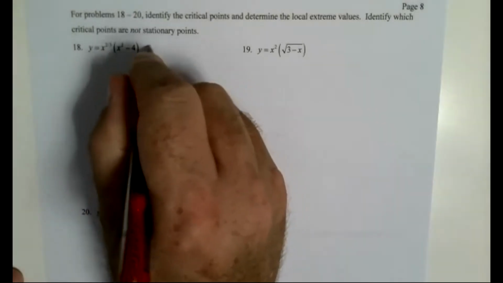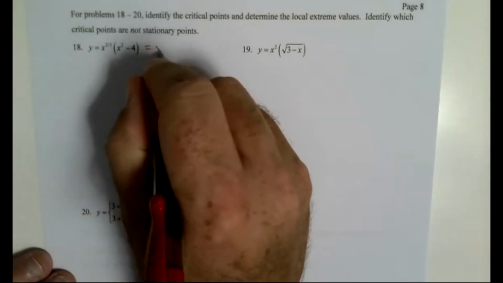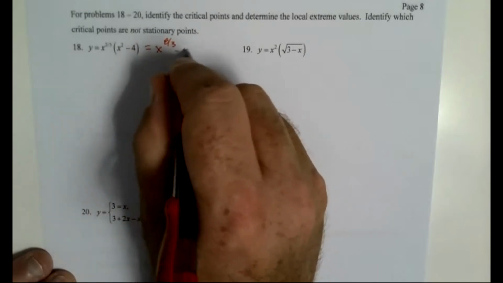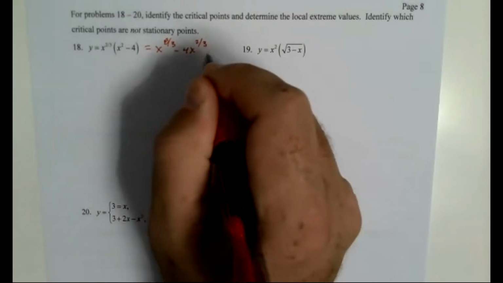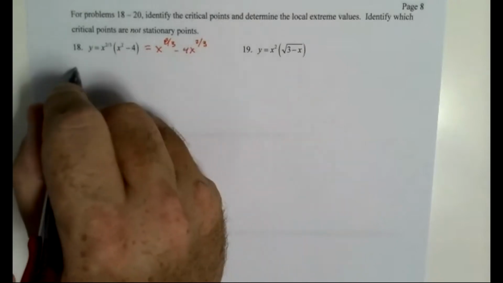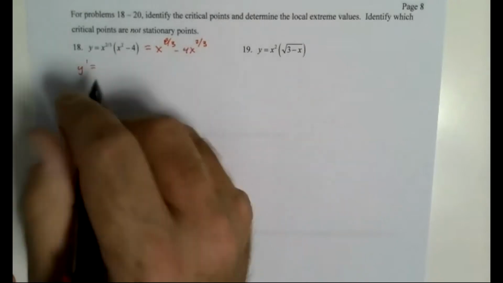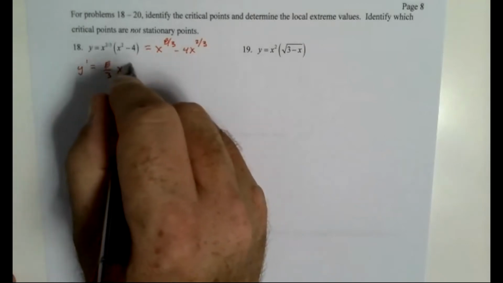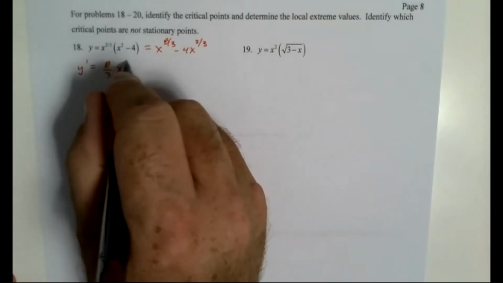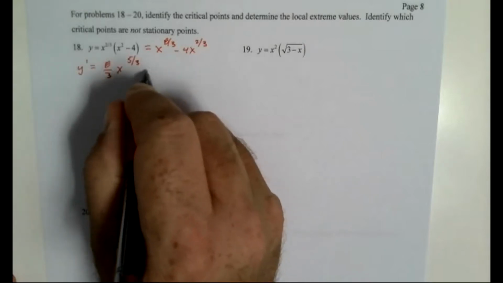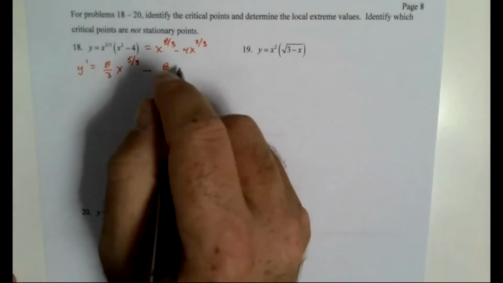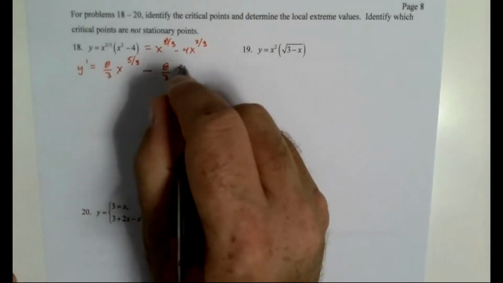I'm going to distribute this. x to the 8/3 minus 4x to the 2/3. y prime equals 8/3 x to the 5/3 minus, surprisingly enough, 8/3 x to the -1/3.